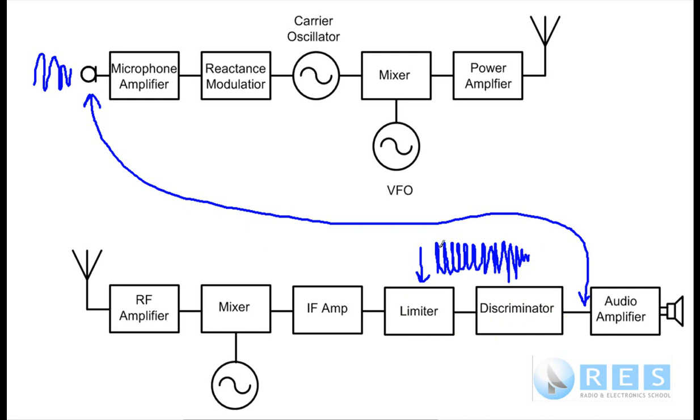It's had its amplitude squared off like that by the limiter. Now we've got changes in frequency, and the discriminator converts that to changes in voltage, which is the same changes in voltage that went into our microphone. The only thing to do then is to amplify it and drive a loudspeaker.